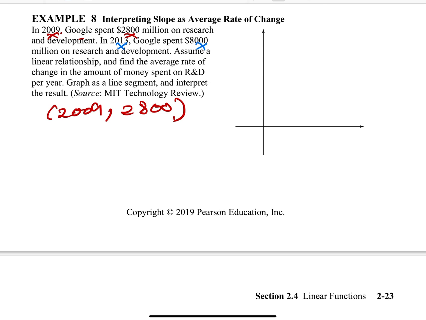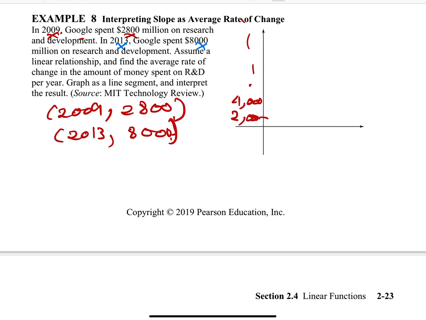Let's do it. So you have 2013 and 8,000. Choose those 2 points and try to use 2,000 here and 4,000 and so on. Keep going.